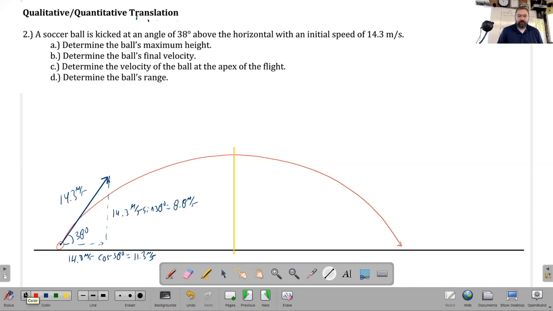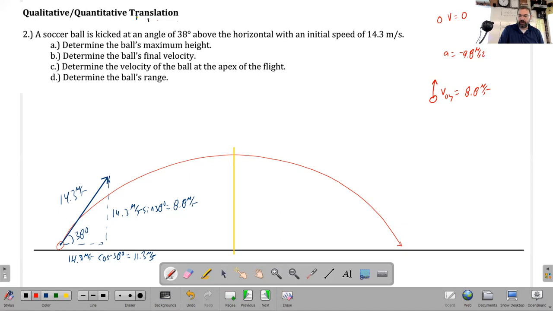Now, nowhere are you prompted to calculate the time, but it turns out the time of flight is very, very important. And for this projectile, because it's launched initially vertically upward, you have some initial vertical velocity, call that v naught y, is 8.8 meters per second. It gets to the top where its velocity is 0. The acceleration rate on the way up is negative 9.8 meters per second squared.